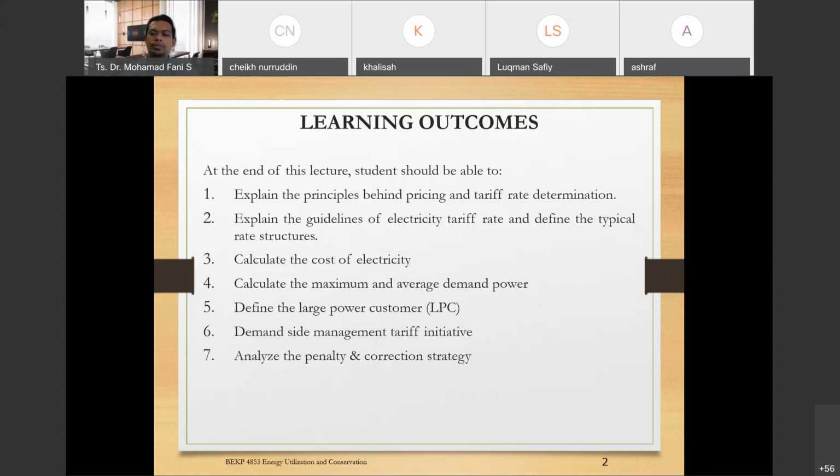Okay, what kind of type of tariff, and you must understand how to calculate the cost of electricity, the cost for the maximum demand, and also tariff initiative by the government or by the utilities they offer to the consumer, so that they can respond to the tariff initiative and get more saving or the percentage of the deduction on their electricity bill. Okay, so after that, the last part is to analyze the penalty and correction strategy.